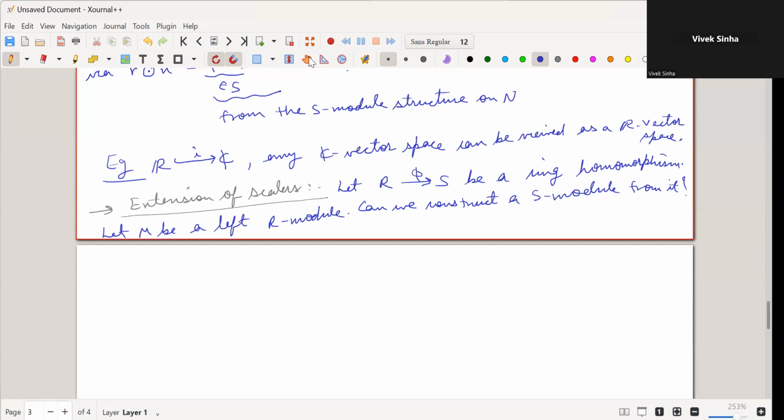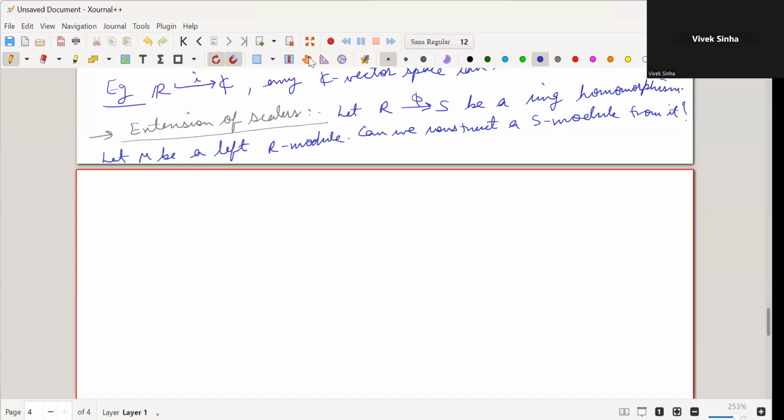See, before that we will see a few things. So clearly, as we saw earlier, S is an SS bimodule because S is a ring.